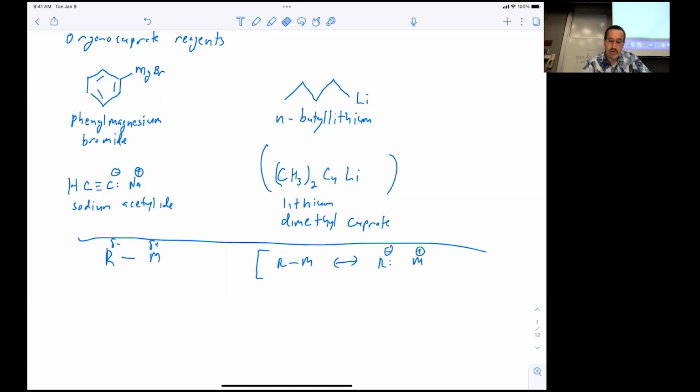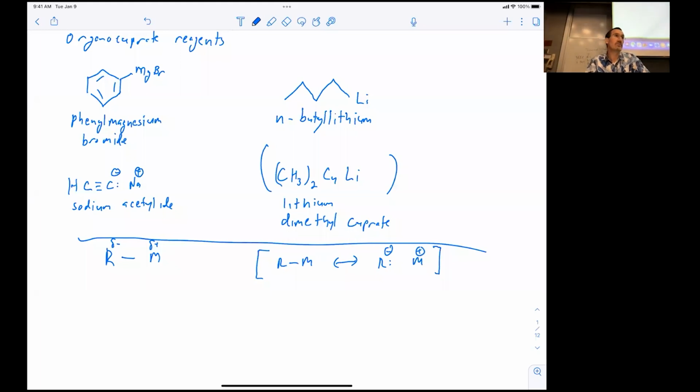Erase the stray dot. Together, these two resonance structures make up a more complete picture of the polar covalent bond between the metal and the alkyl group.